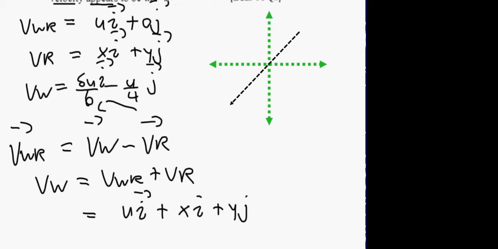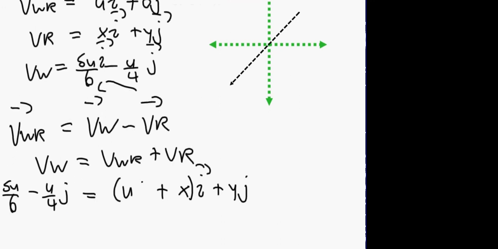Okay, and when we factorize that out, it's going to be u plus x, all times i, like so. And that in turn has to equal 5u over 6 i minus u over 4 j.